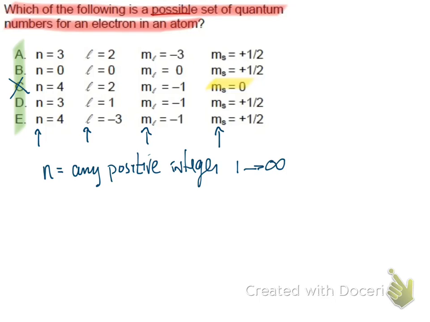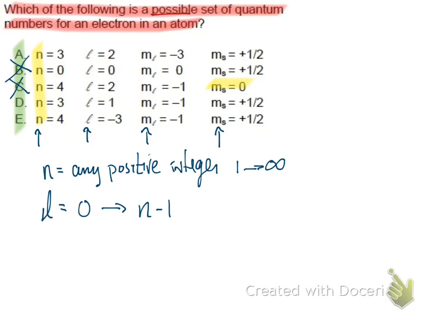But once we've picked an n, then l is limited by that. l is going to be equal to 0 through n minus 1. So now we have our first criterion for deciding what's going on, right? We can't use n because any positive number is allowed. So B is not an answer because n is 0. That's not a possible choice. n has to be 1 or more.